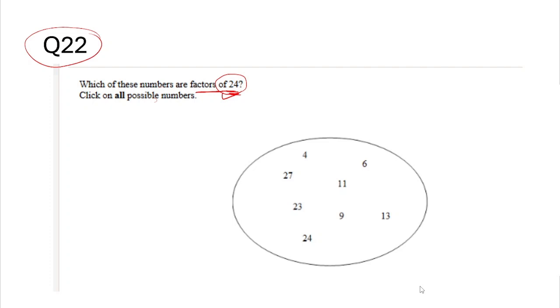Or in other words, the numbers which, if I divide 24 by them, give me a whole number.